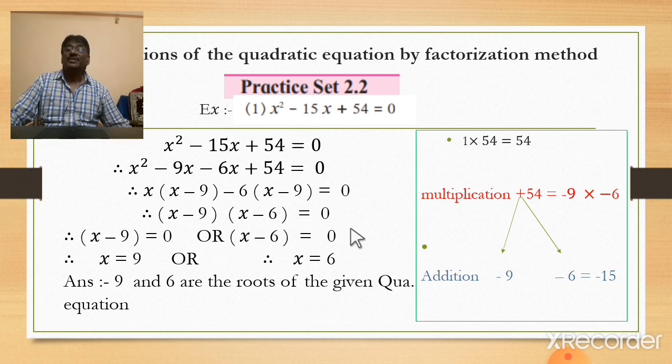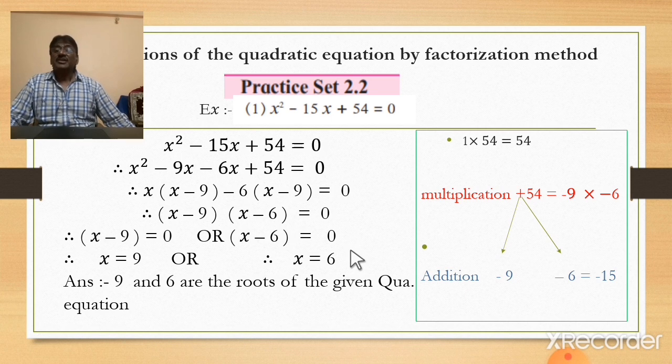Therefore, we can say x minus 9 equal to 0 or x minus 6 equal to 0, because if the multiplication of two numbers is 0, then the first number is 0 or the second number is 0.